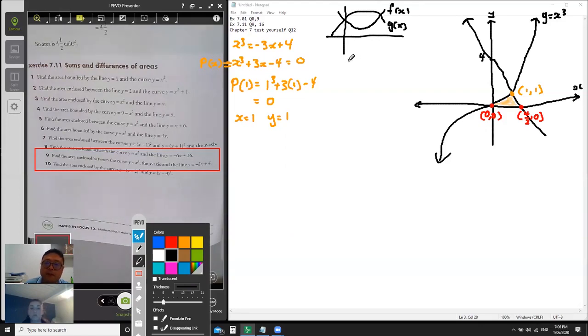Then the area between them is going to be the integral of g of x, the top curve, minus the bottom curve, dx, between, say, a and b. That's the area. That's a typical area between two curves question.